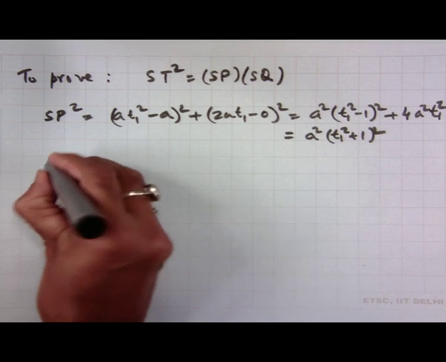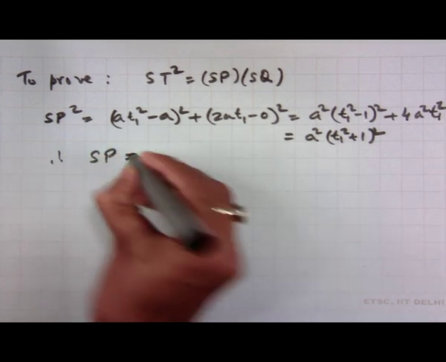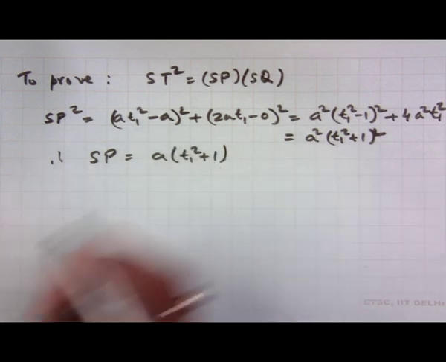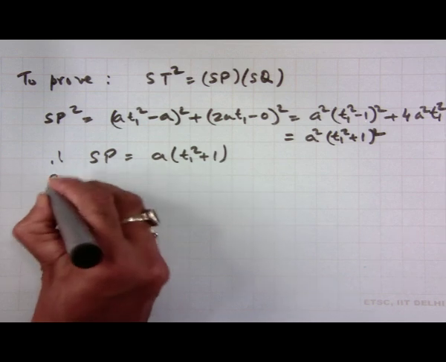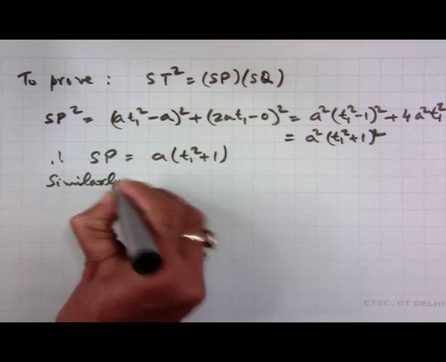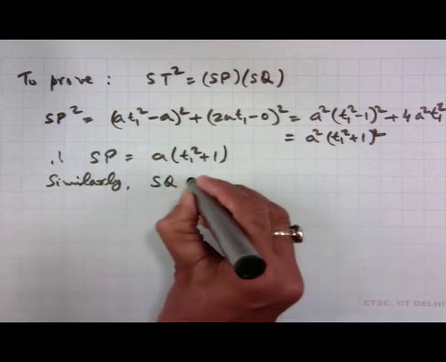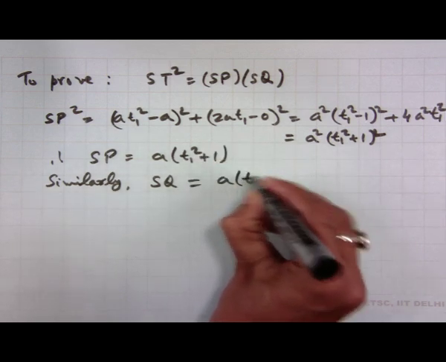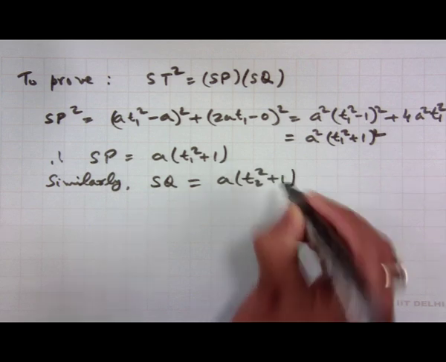So, therefore, SP is equal to a times (t1 square plus 1). Similarly, we have SQ, by replacing t1 by t2, is a times (t2 square plus 1).